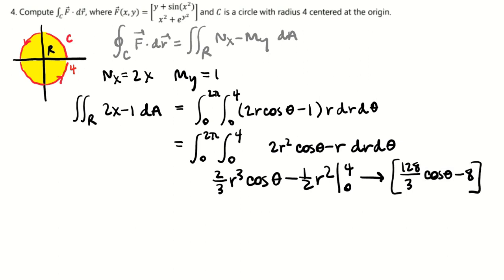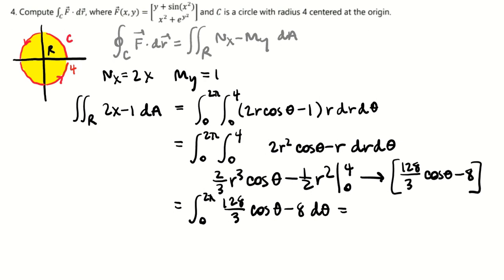So now I'm going to be integrating this from 0 to 2 pi. And when I integrate cosine theta from 0 to 2 pi, I'm going to get 0 because it's going to be sine of 2 pi minus sine of 0, which is 0 minus 0.